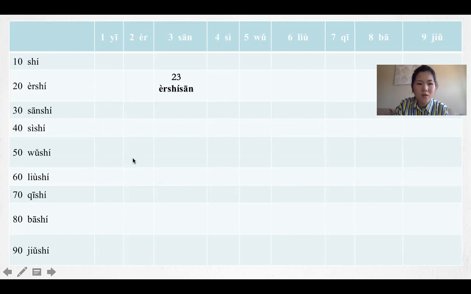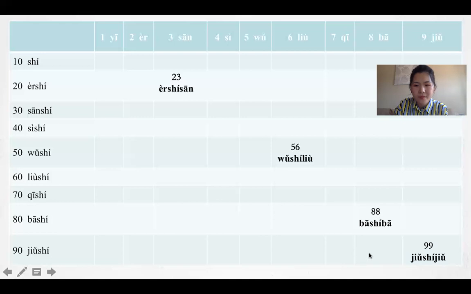Now, if you want to say 56, 56, right? If you want to say 89, oh sorry, 88. Last one, 99, you say 90 first, and then 9. So this is how numbers in Mandarin combine together.